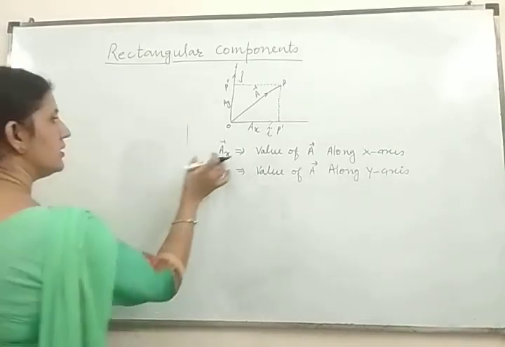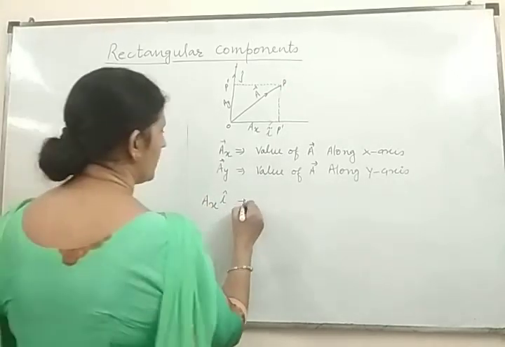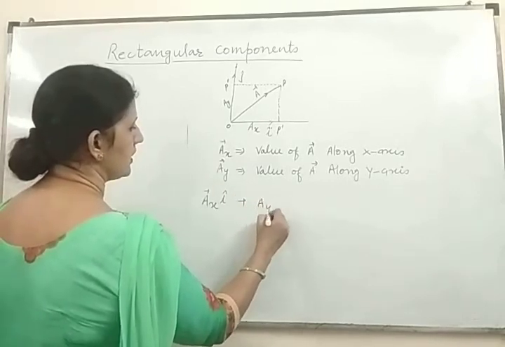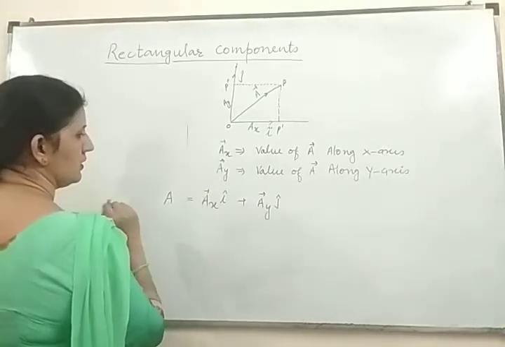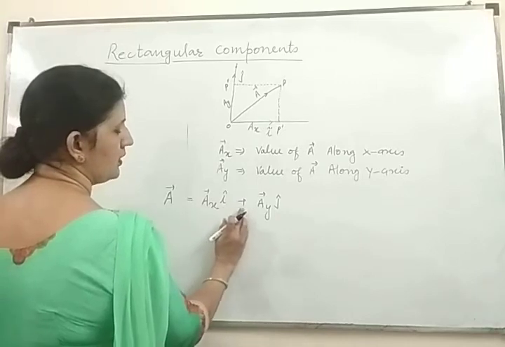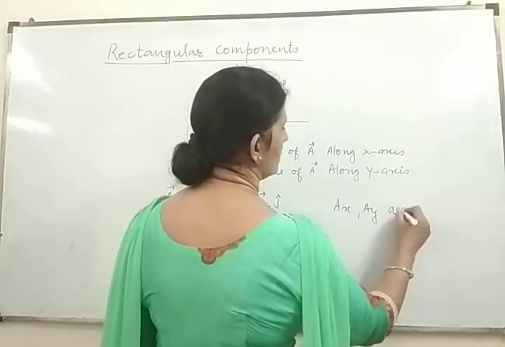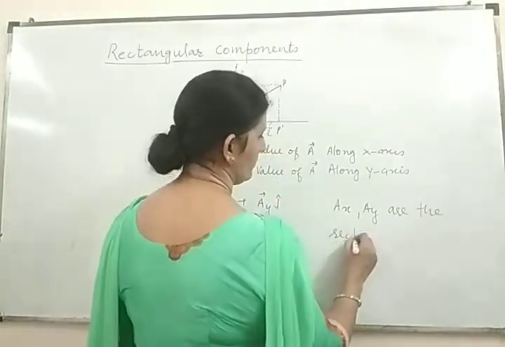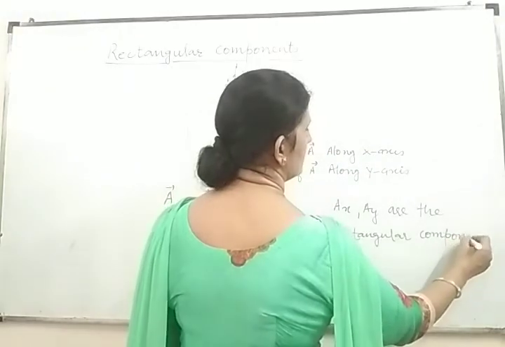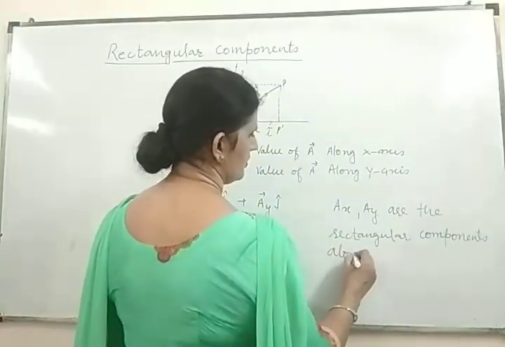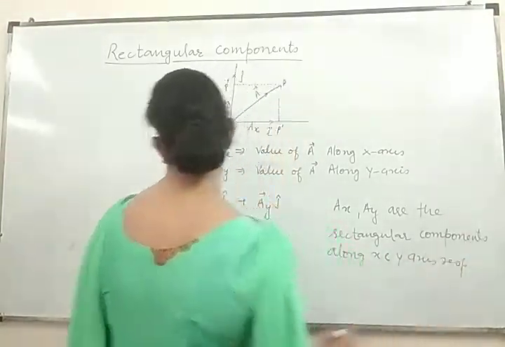So with direction, the value along the x-axis becomes AX into i cap, plus the value along the y-axis is given as AY into j cap, and this vector A is written as AX i plus AY j, where AX and AY are the rectangular components along the x and y axis respectively.